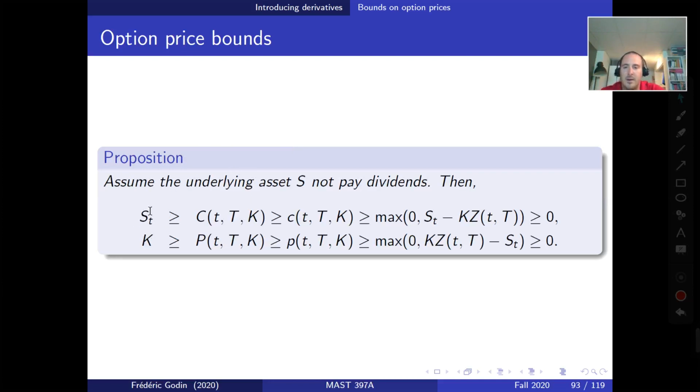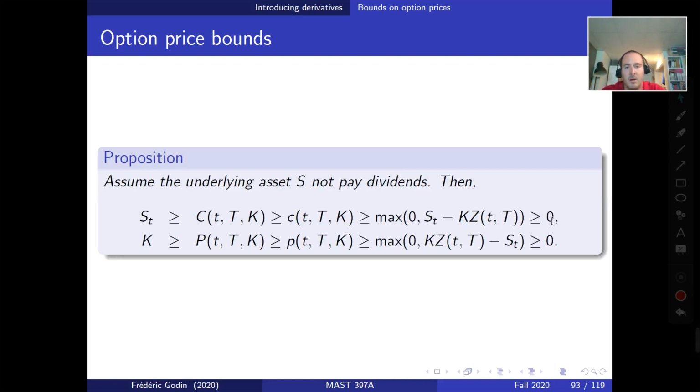ST, the price of the underlying asset, is always greater or equal to the price of an American option, which is always greater or equal to the price of a European option, which is always greater or equal to the maximum between 0 and ST minus K times the price of a zero coupon bond at the time of the purchase, which matures at time capital T, and this is greater or equal to 0.